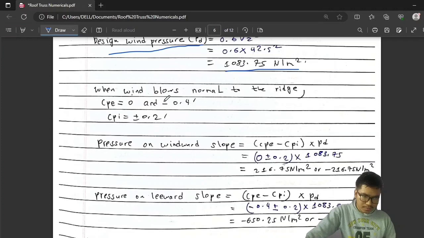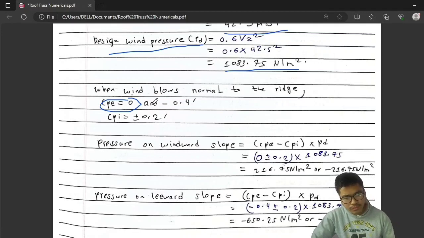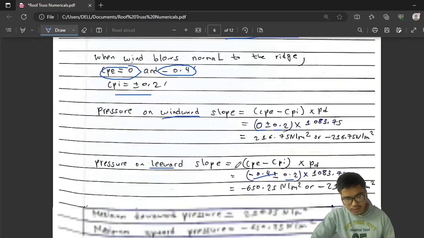CPE is 0 in windward slope and minus 0.4 in leeward slope. In the other case, windward slope 0 and leeward slope minus 0.6. So CPI is plus minus 0.2 in all these cases.